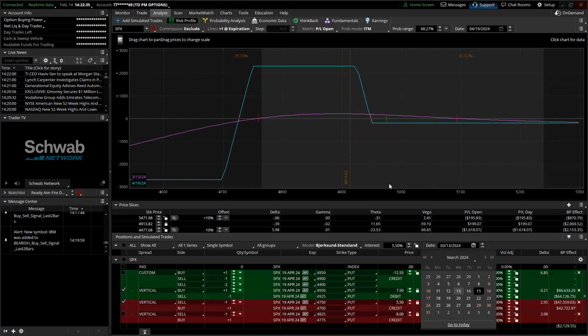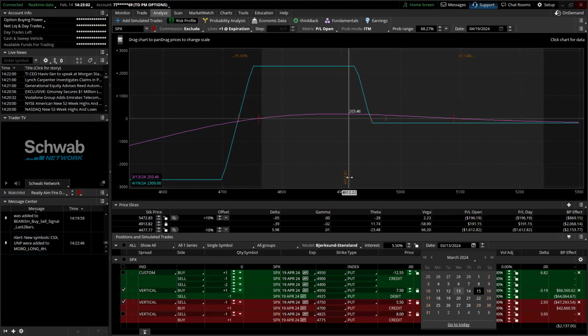Like for example, if you held for the first 4 weeks, and this is March 13th, and you have until April 19th, so you have about another 5 weeks to hold it. If you held for the first 4 weeks and the market hasn't really moved a whole lot, well, the odds of the market making a big move is now starting to increase because the market isn't going to sit still forever.